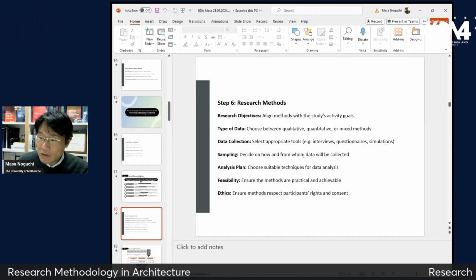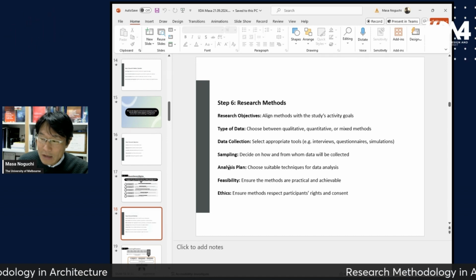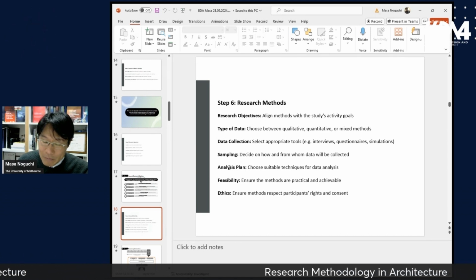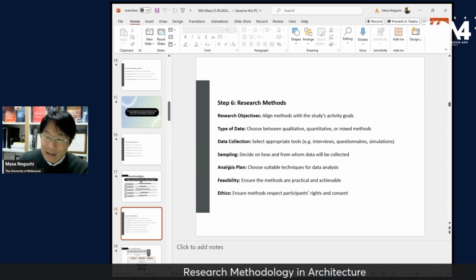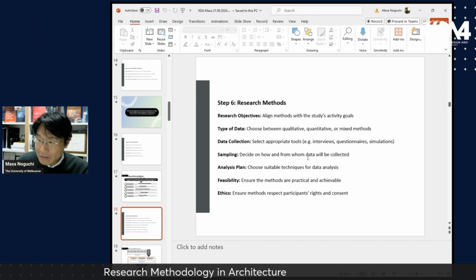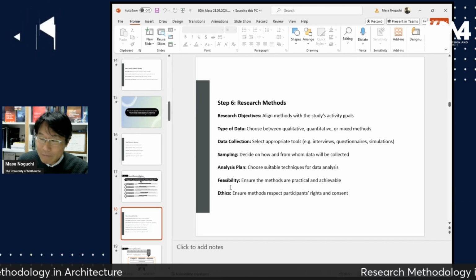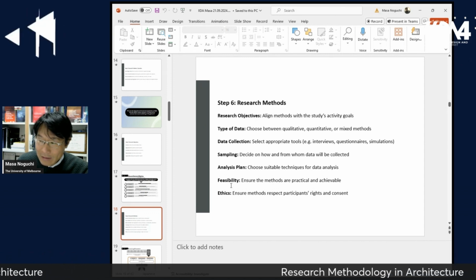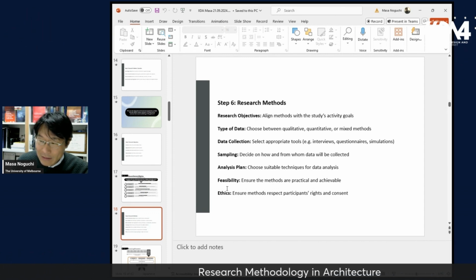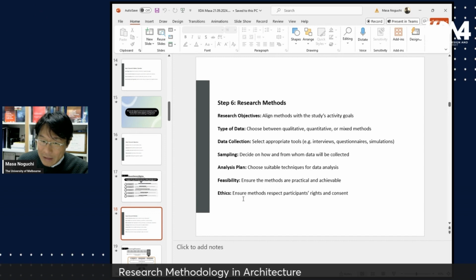And the analysis plan: what kind of tools and approach to analyze the data collected. Once again, it should be feasible and manageable, and the last thing is quite important: ethics.